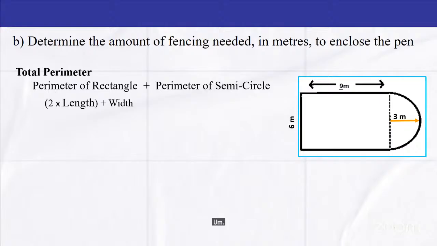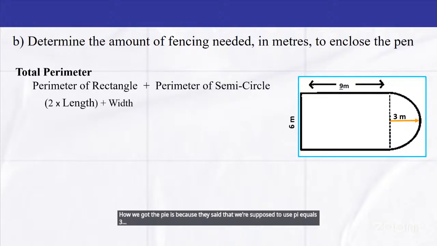Miss, you came by and you explained it to us. Okay, so pi, explain it to us now. How we got the pi is because they said that we're supposed to use pi equal 3.14, and the diameter is the length from the center to one end of the circle.